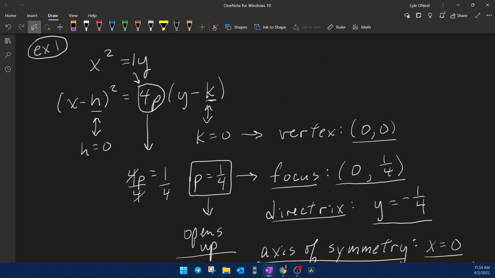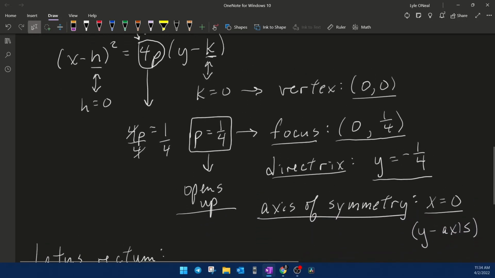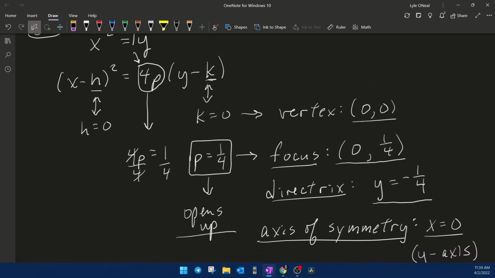And after everything we found so far, I thought it might be fun if we also found the endpoints of the latus rectum. So I think I may have mentioned earlier that the latus rectum is going to be parallel to the directrix. And in our case, we know the directrix is a horizontal line.